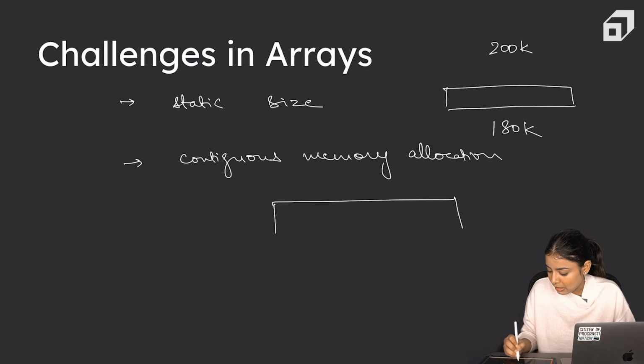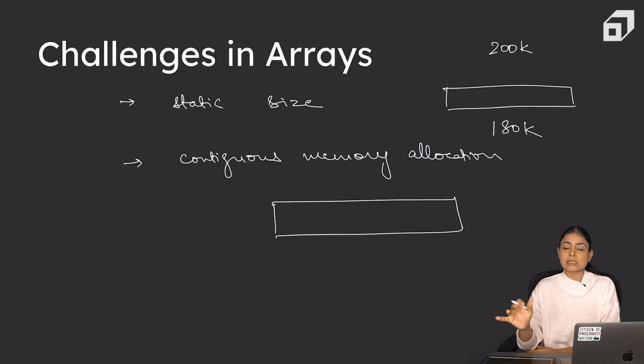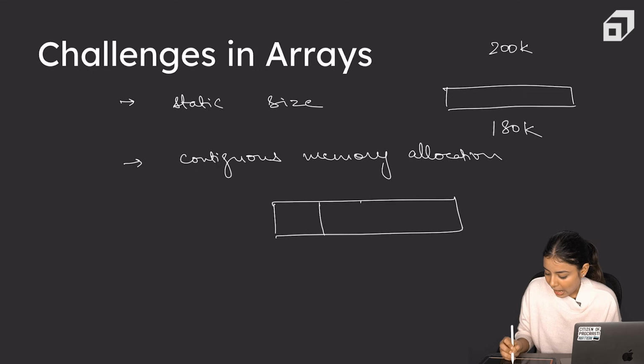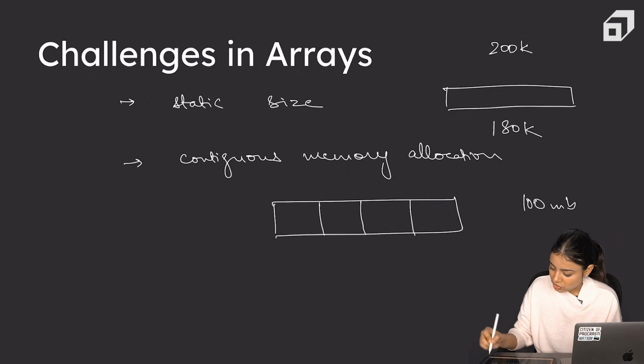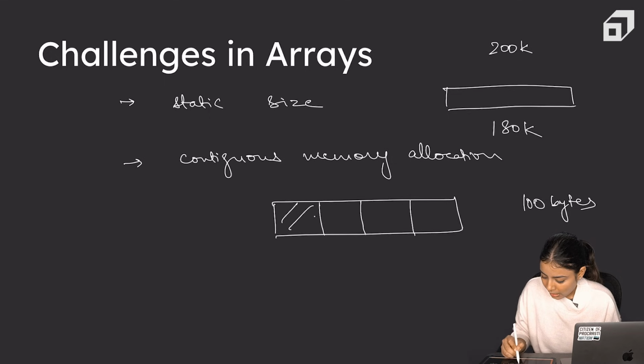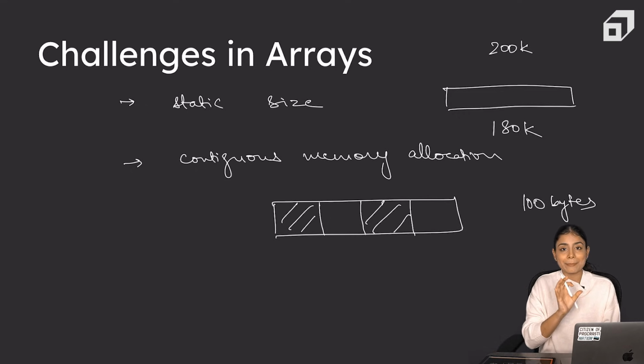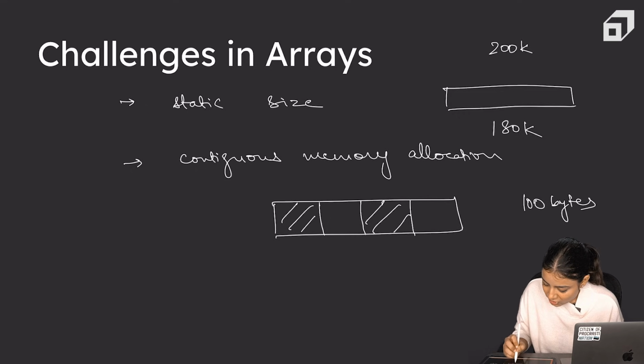For example, just imagine that this is my memory, all right, and I need 100 bytes of memory. For example, I need 100 bytes of memory, and in my memory I have some memory that is free, but one chunk of that memory is 20 bytes and another chunk is 80 bytes.